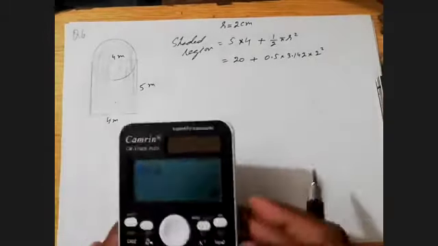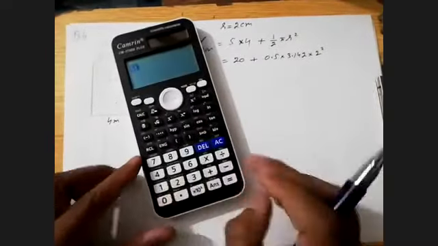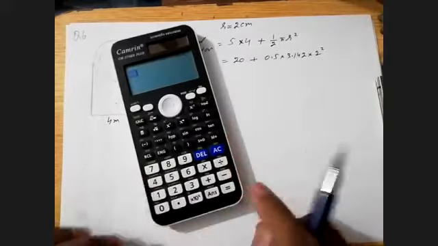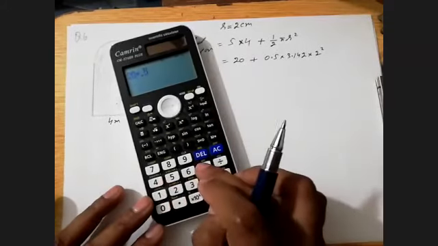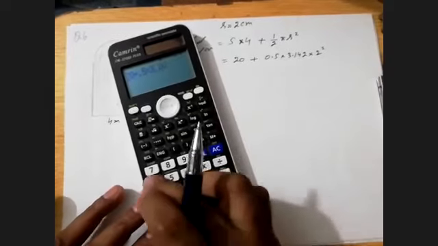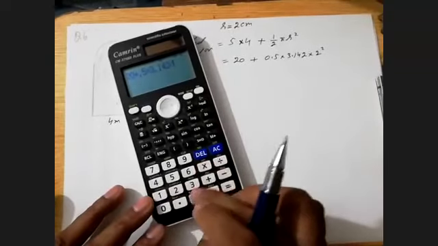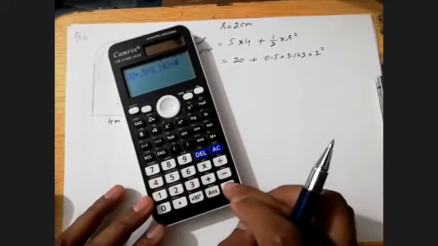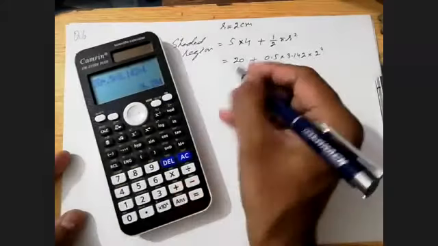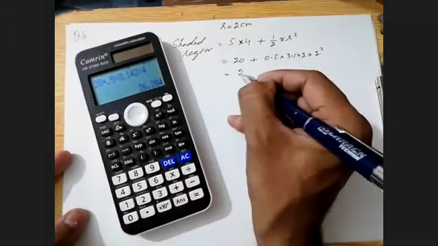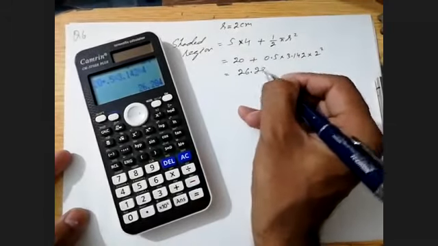So here I am going to do the calculations. 20 plus 0.5 into 3.142 into 4, because 2 squared is 4. So I got 26.284.